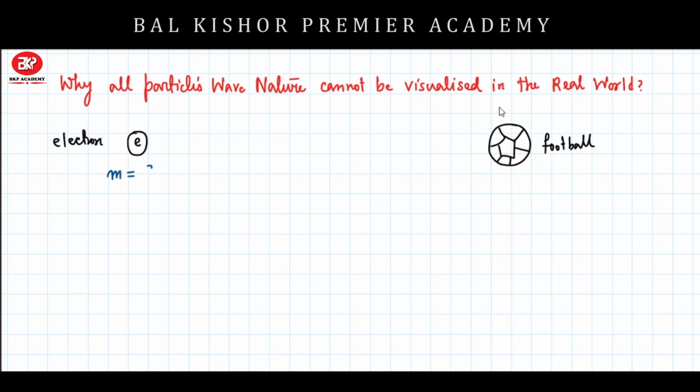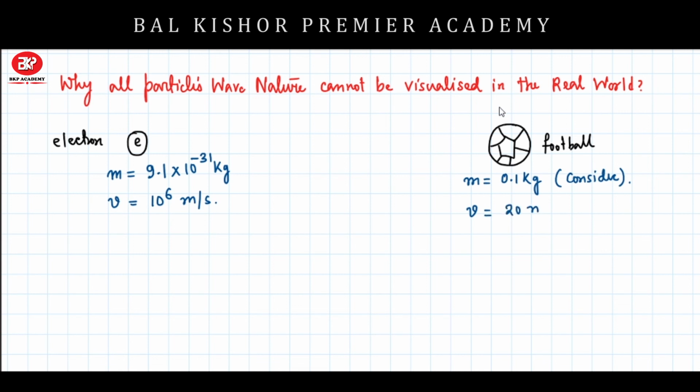The mass of the electron is constant, 9.1 into 10 to the power minus 31 kg. The mass of the football is of the order of 0.1 kg, nearly. Now, the orbital velocity of the electron is of the order of 10 to the power 6 meter per second, and the velocity of a football, let us consider, is 20 meter per second. I am taking an example.